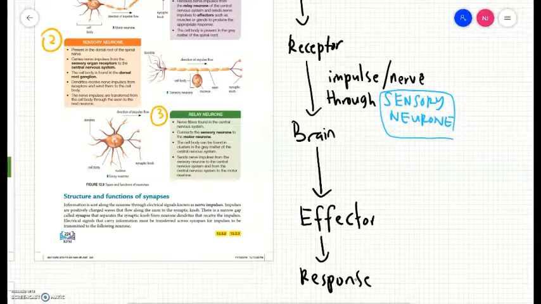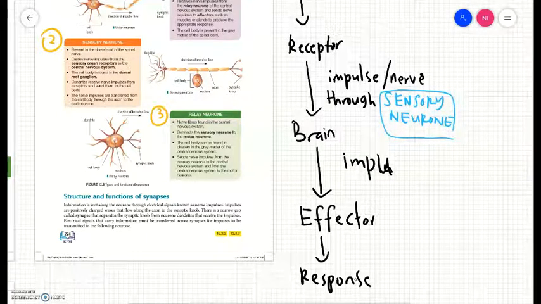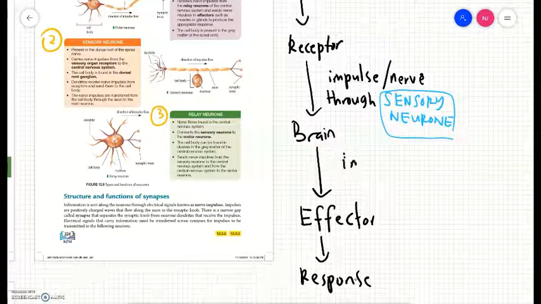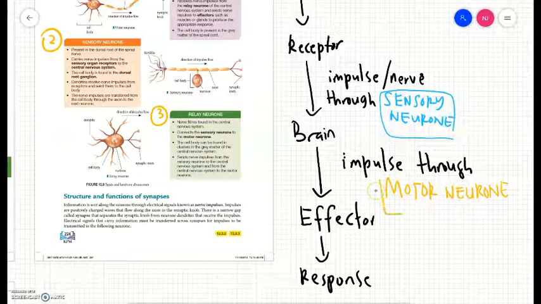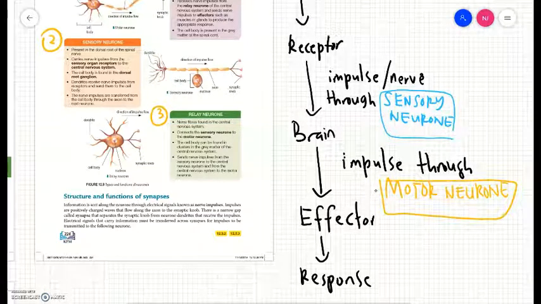So this impulse is sent to the effector through what? Motor neuron. Okay, through motor neuron. So where is the relay neuron?